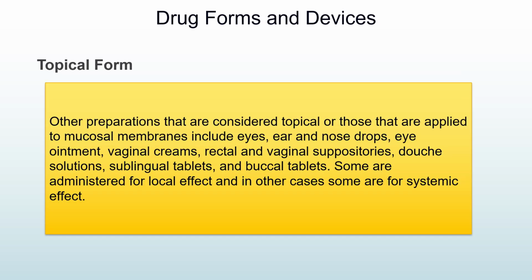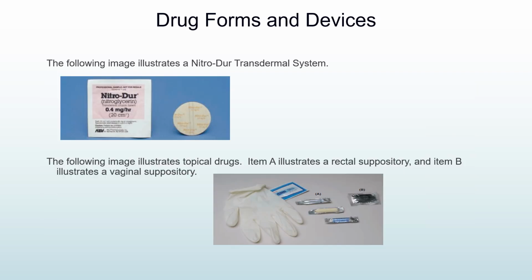Other preparations that are considered topical are those applied to mucosal membranes, including eyes, ears, nose, and vaginal creams, rectal and vaginal suppositories, douche solutions, sublingual tablets and buccal tablets. Some are administered for the local effect, and other cases are for a more systemic effect. There's a couple examples here of transdermal patches and also some suppositories.